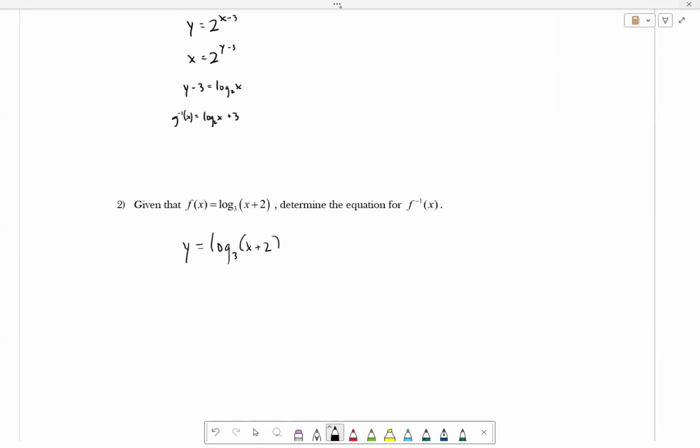Right. So I honestly just went from x equals log base 3 of y plus 2, I think is what you mean. Okay. And then I got -2, and then -2 of x.